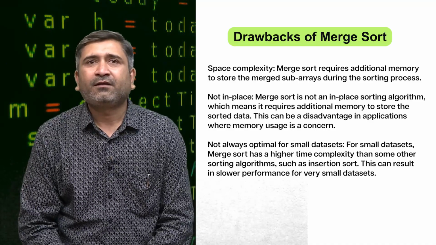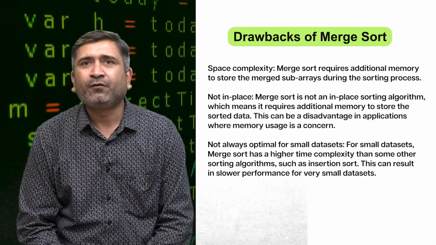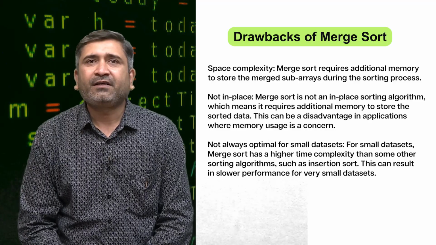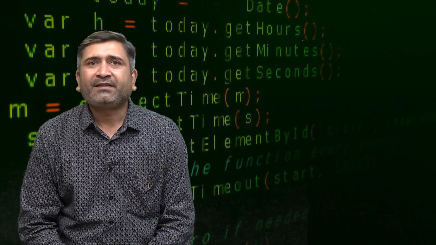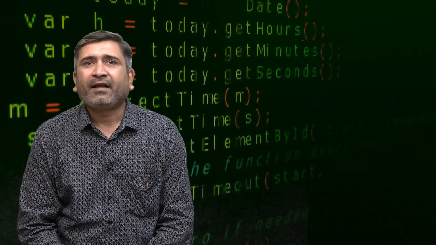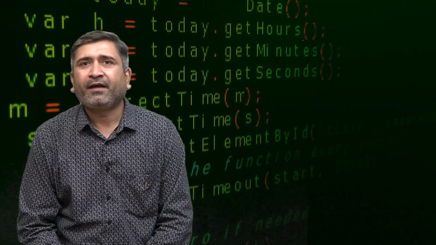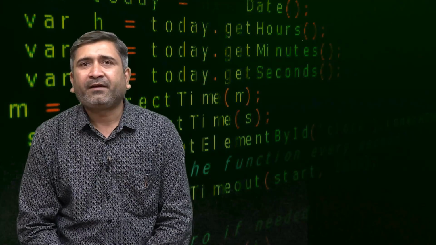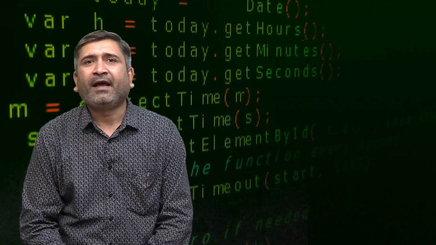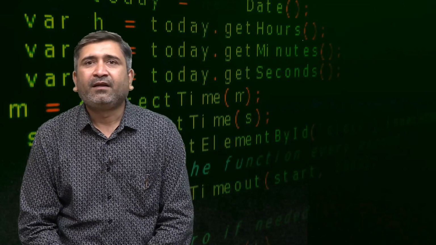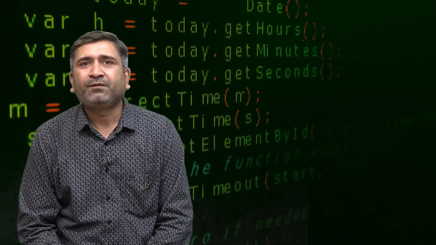Merge sort is one of the most widely used algorithms in data structures, although it is not a space efficient algorithm. The time complexity is order of n log n, which is better than most of the sorting algorithms. Whenever we have an input size larger than RAM size, we use merge sort.